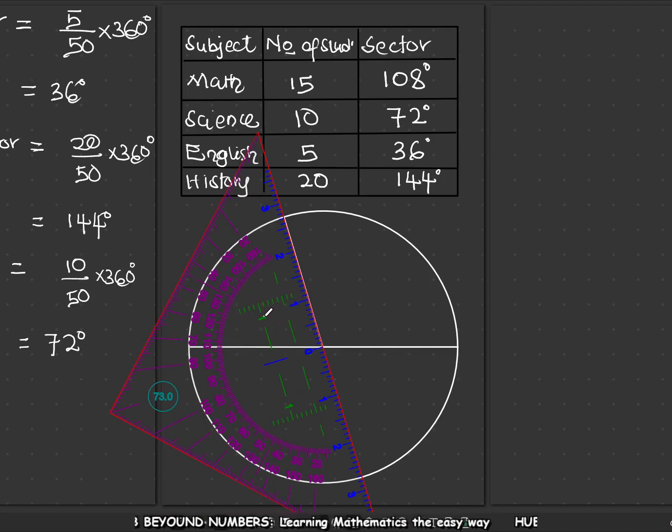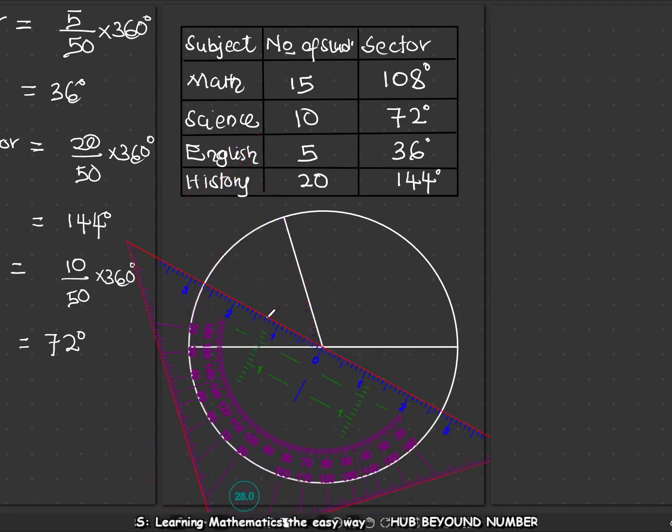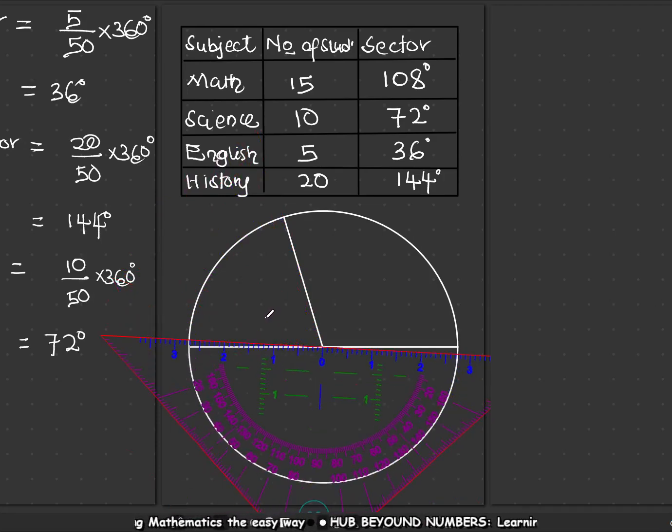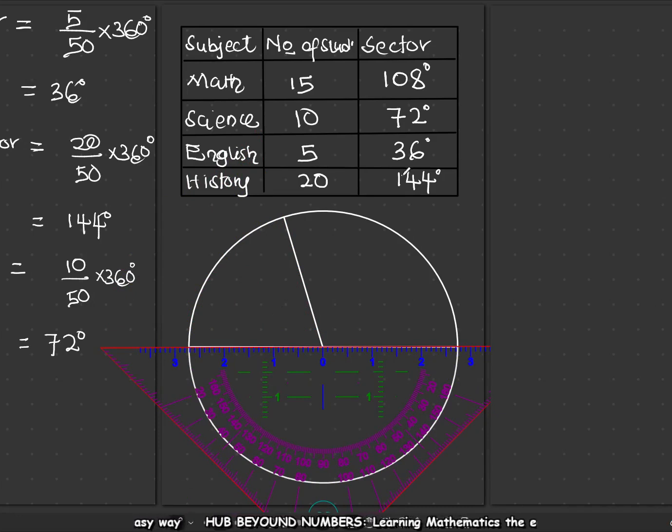The next one we have to measure is what? 36. So once again, you make sure the base of your protractor is on the next radius you have drawn. And what do you want? You want 36. So this is my 30 over here. And I know 36 is going to be around this side. So I just bring it down to end on the circumference. Then the last one is 144.